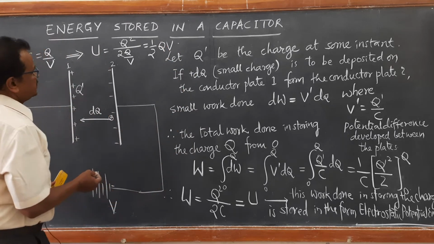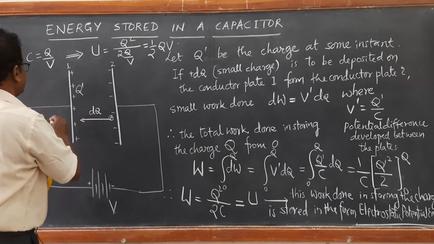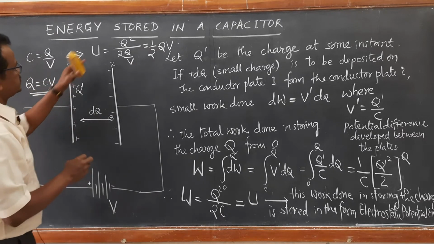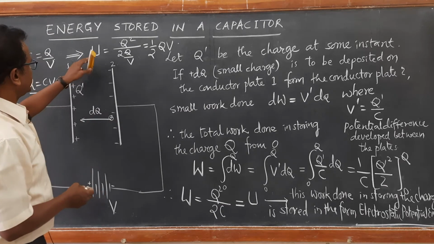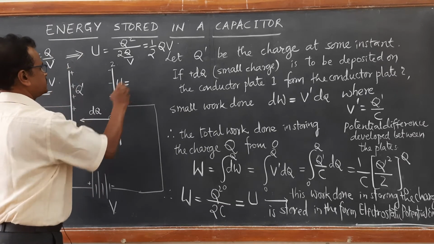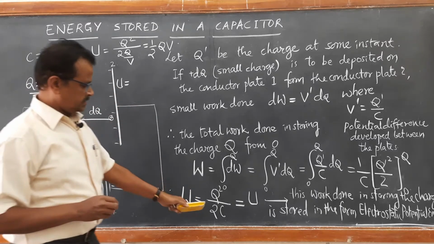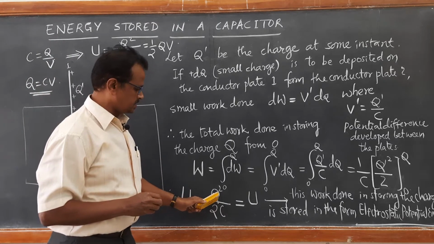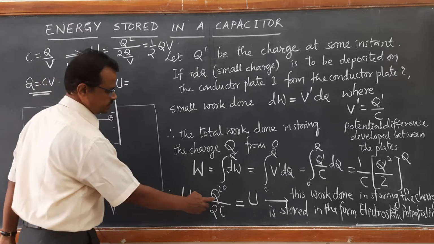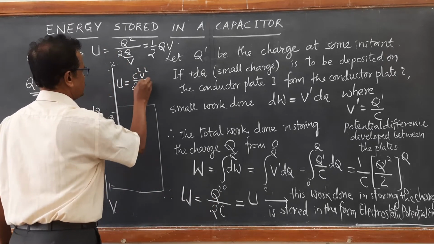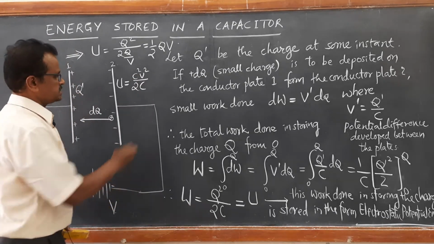Now if you substitute Q is equal to CV, what do you get? Potential energy U becomes equal to half Q into V, and substituting Q is equal to CV, it becomes C square V square by 2C. C cancels.